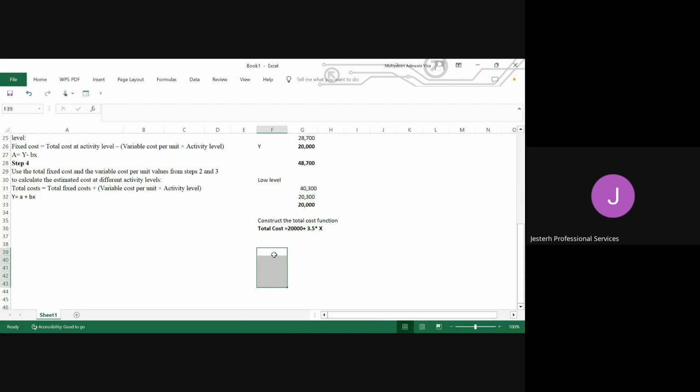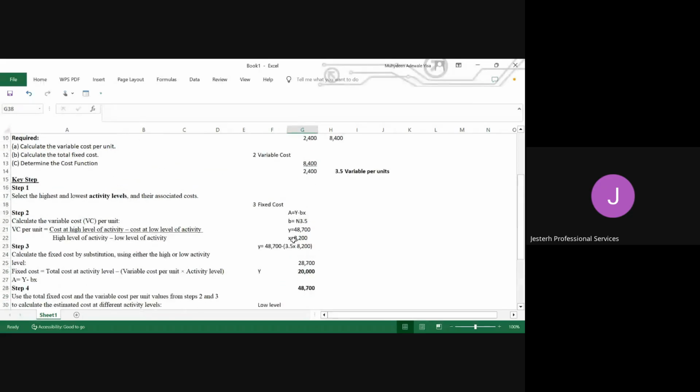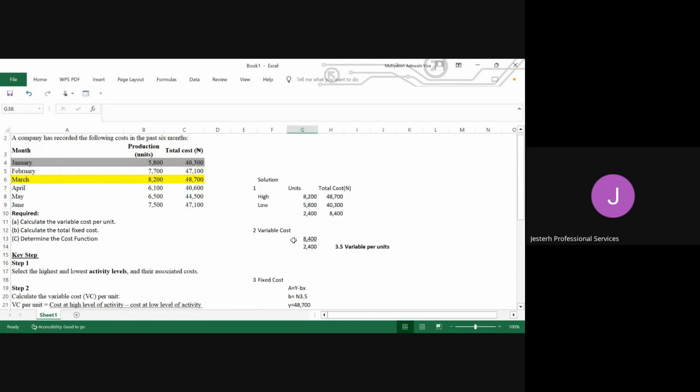So if in the exam they give us something related to this and they ask us to determine the variable cost per unit, then determine the fixed cost using the high and low method, the first thing that will come to your mind is which among these levels of activities is high and which one is low. You have to separate them. Just know the key steps on how to work on these things.